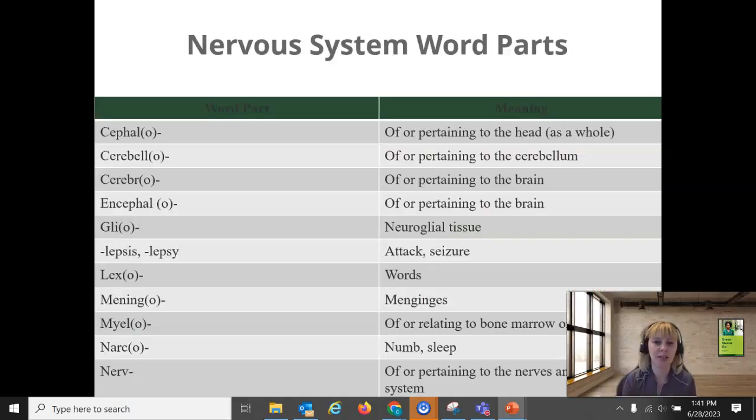So again, here are some word parts that you will find within the nervous system. You have word parts like encephalo, cerebello, cerebro, gillo, lexo, meningo, mylio, narco, and nerve. You have some suffixes of lepsia or lepsy.